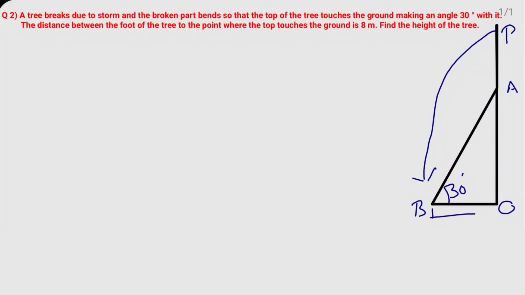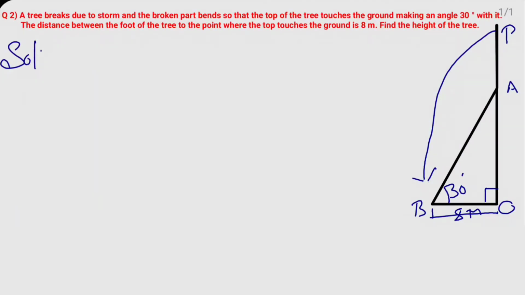So this distance is 8 meter. O is the foot of the tree and B is where the top touches the ground, so this distance is 8 meter. And here the angle is 90 degrees because the tree is vertical to the ground. And we want to find the height of the tree. It means we want to find OP. Is it clear?